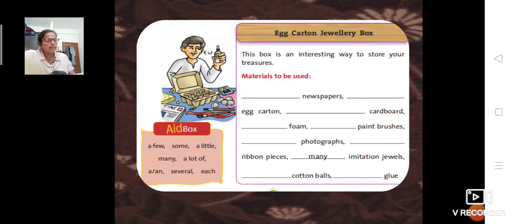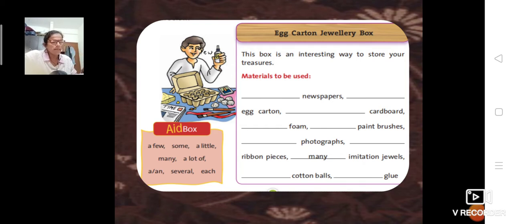So you have determiners worksheet number 1. Determiners, you have read in B2 the tale of a tale, right? Already we had done this lesson, unit growing up, of my English reader, that Swami and Pea had a fight. Now that Swami has realized that he is wrong, he is preparing an egg carton jewelry box to gift to his friend.